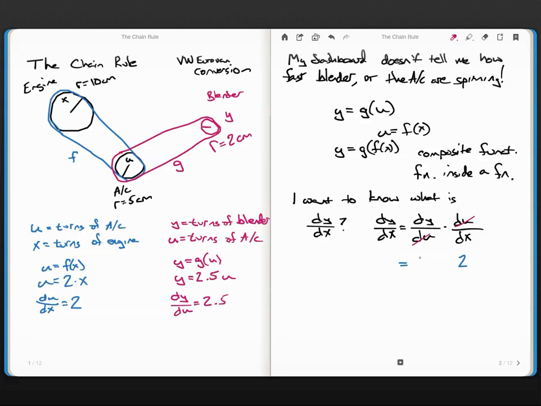So this equals 5. So when I'm done with this, the rate of change of my blender is 5 times the rate of change of my engine, right? So if I'm counting the turns on this, it's going to change 5 times as much as this.